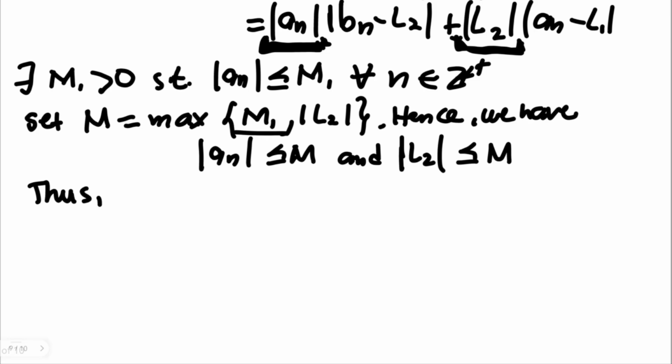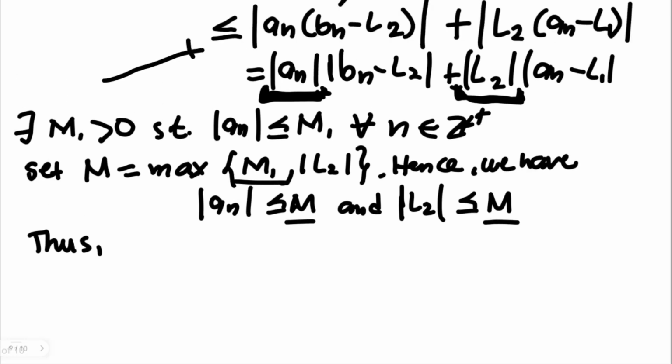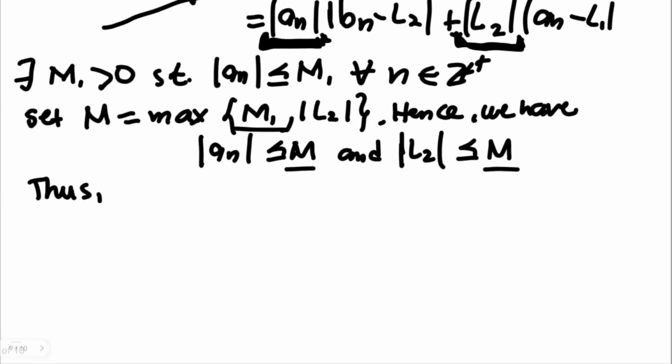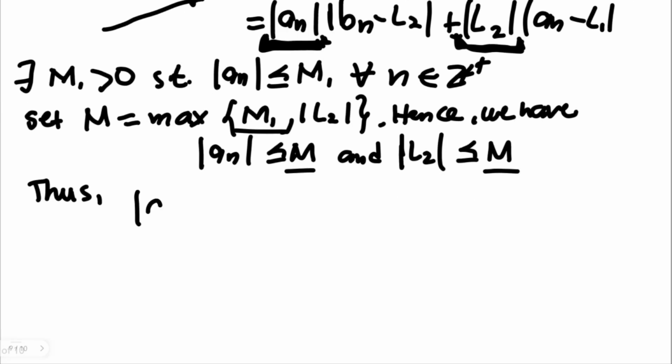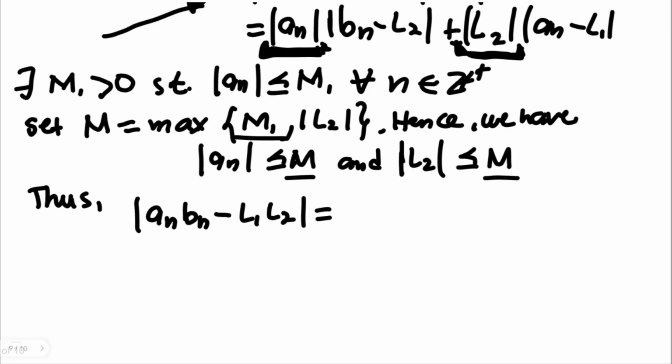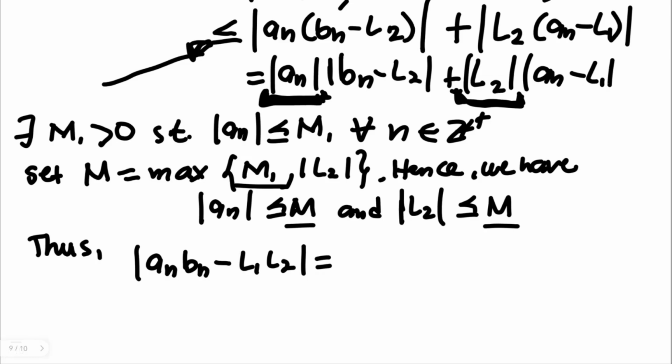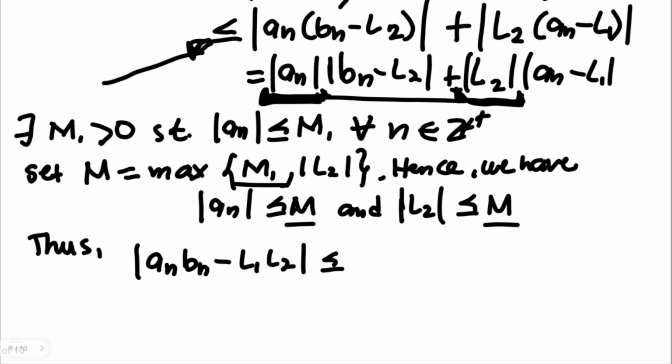Thus, since we can have this form earlier, we will have here a sub n times b sub n minus L sub 1 L sub 2, which is, not equal necessarily, sorry, which is less than or equal to this entire form.